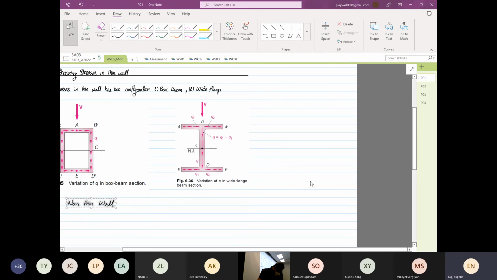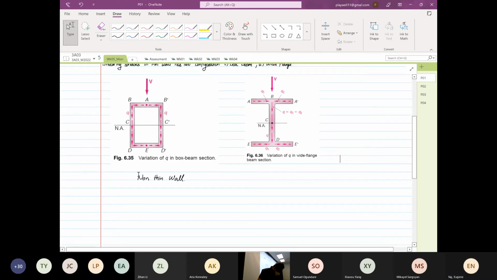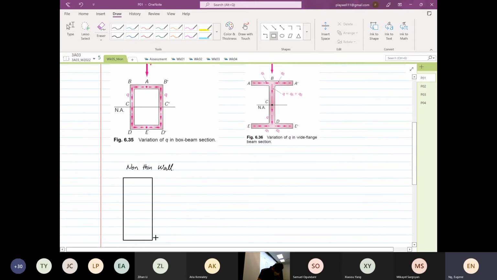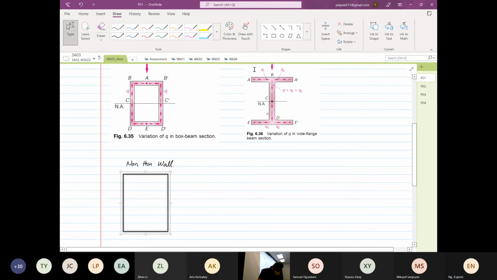Okay, let's look at a non-thin wall. Likewise, I'm going to draw it very similar. We have a box, for example. Non-thin wall with a box.